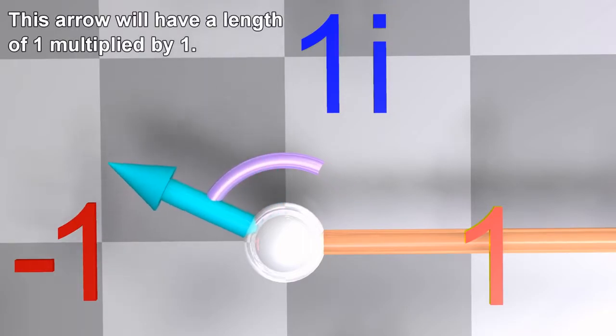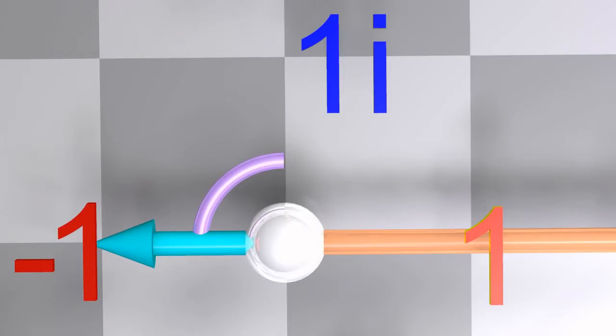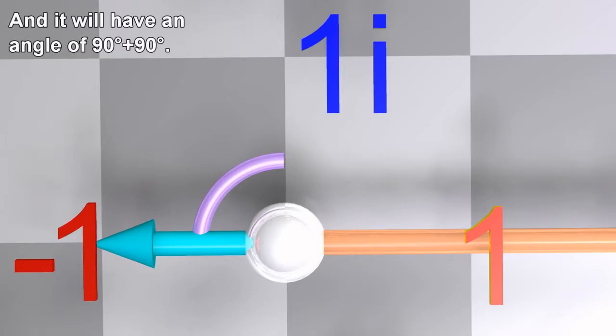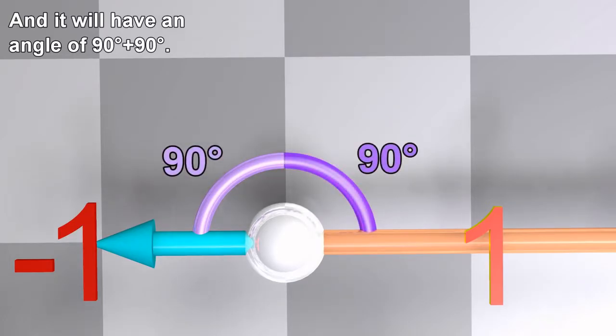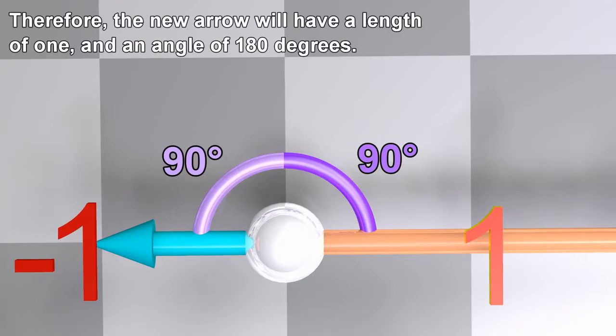This arrow will have a length of 1 multiplied by 1. And it will have an angle of 90 degrees plus 90 degrees. Therefore, the new arrow will have a length of 1 and an angle of 180 degrees.